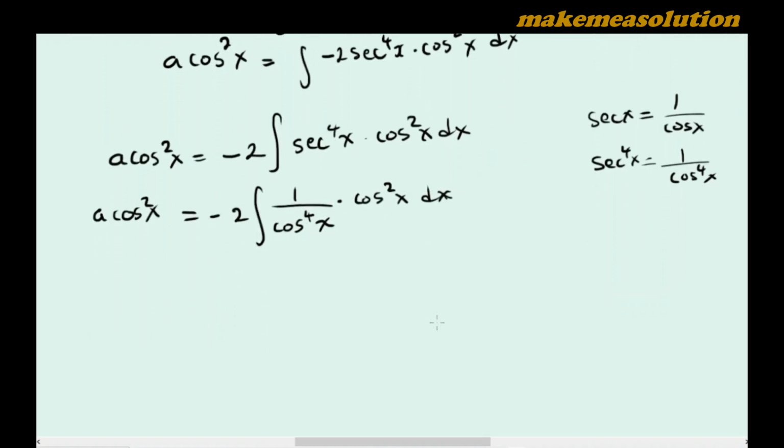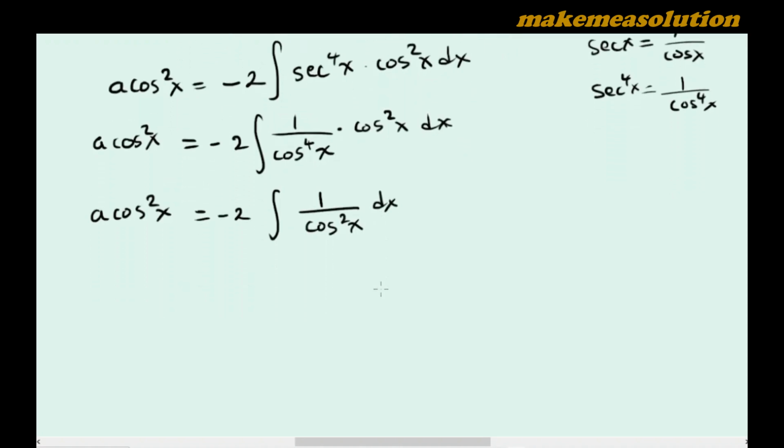So let's see what we get when we do this. We now have a cos squared x is equal to minus 2 integral of 1 over cos squared x dx. Is that okay?